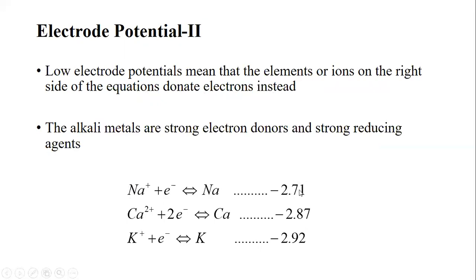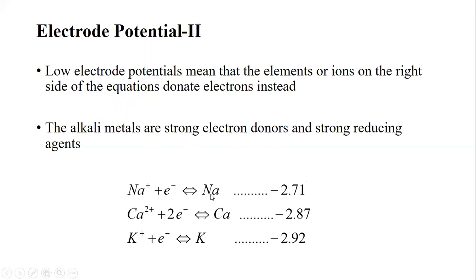These have low, negative electrode potentials. So we look on the right side, the elements or ions on the right side donate electrons instead. And donating electrons means they become positively charged.